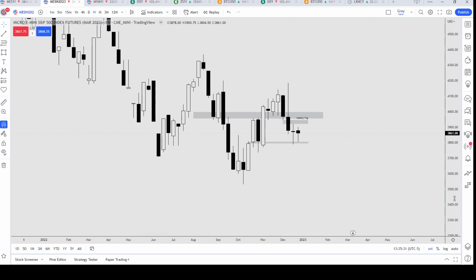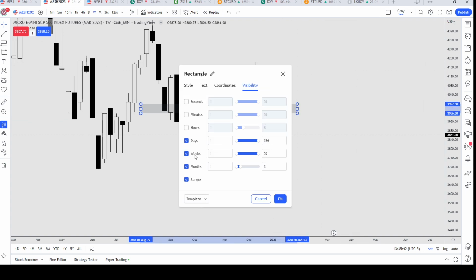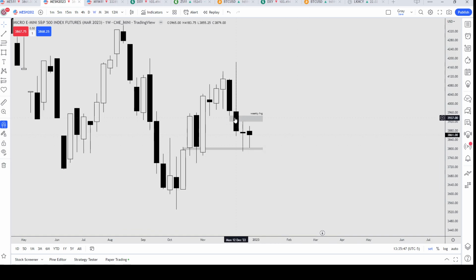Weekly chart. Noting carefully that this is the monthly, I'm just going to remove this. On the weekly chart, we have a fair value gap over here.